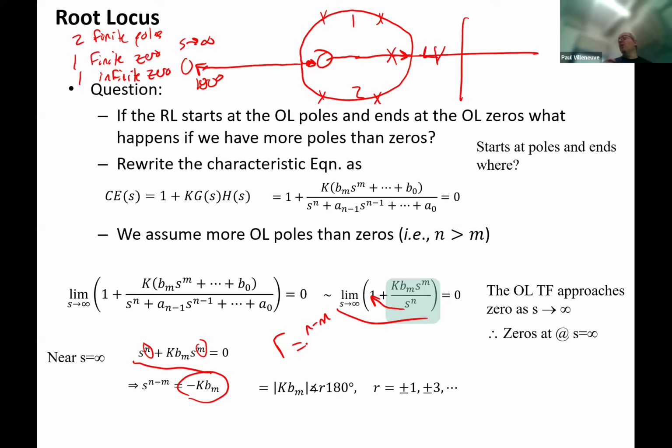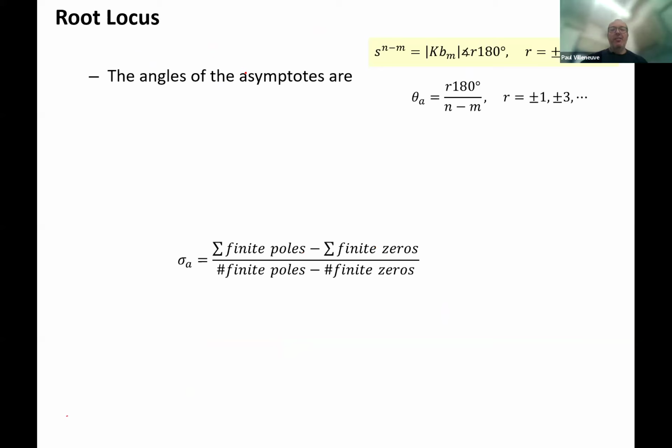Well, remember, the only way I can get a negative number has to be equal to plus or minus 180 degrees, right? This is plus 180 or minus 180. And so what I'm going to do now is calculate the angle of the asymptotes using this equation here.